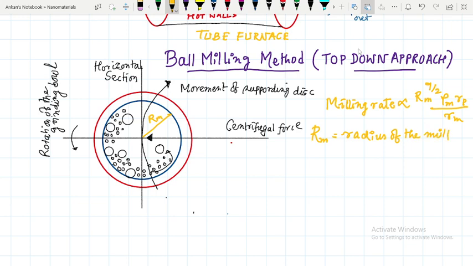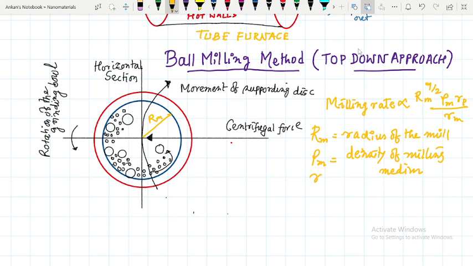Rho m is the density of the milling media. It can be made of metal cylinders or of rubber. So the density of the milling media is rho m.